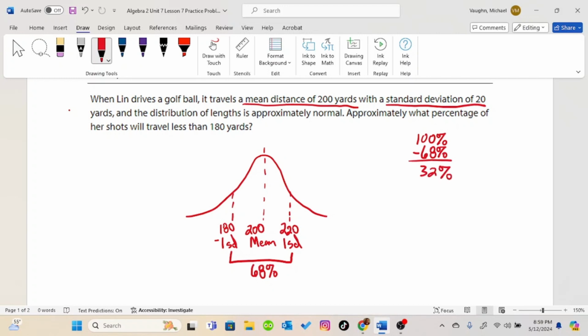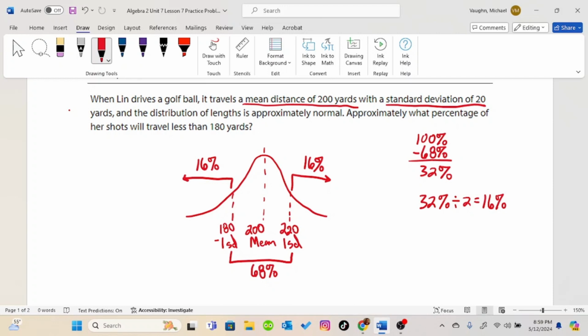But now this needs to be divided between being below 180 and being above 220. So 32% divided by 2 equals 16%. So that means below 180 there is 16%, and above 220 there is also 16%.